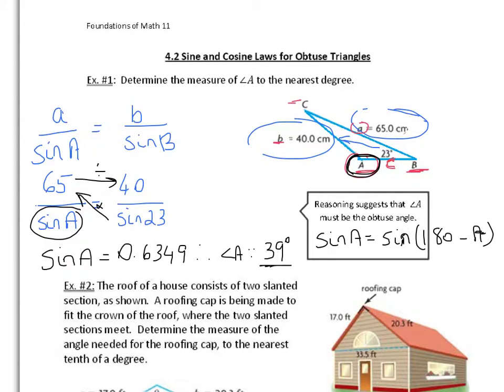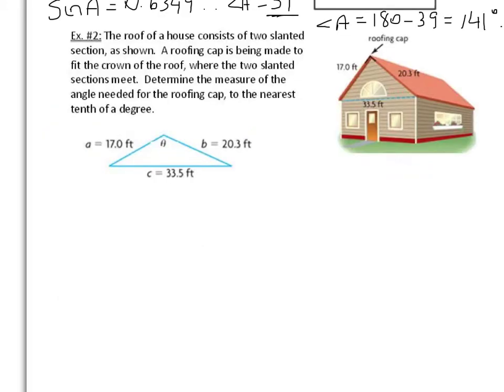So angle A actually equals 180 minus 39, which is 141 degrees. And that's your answer. Okay, let's look at the next question.